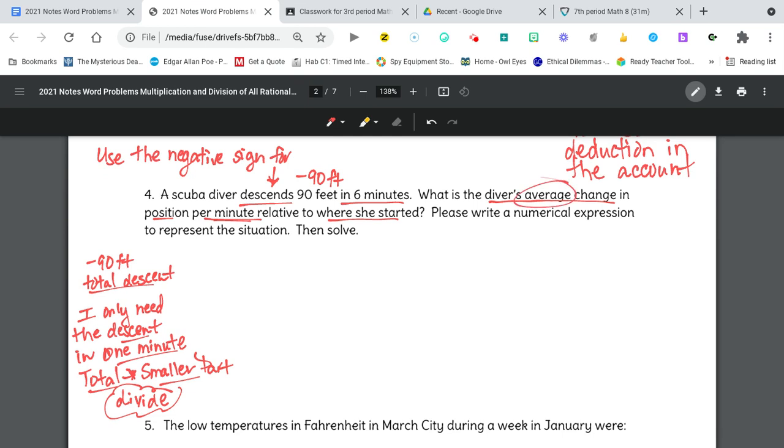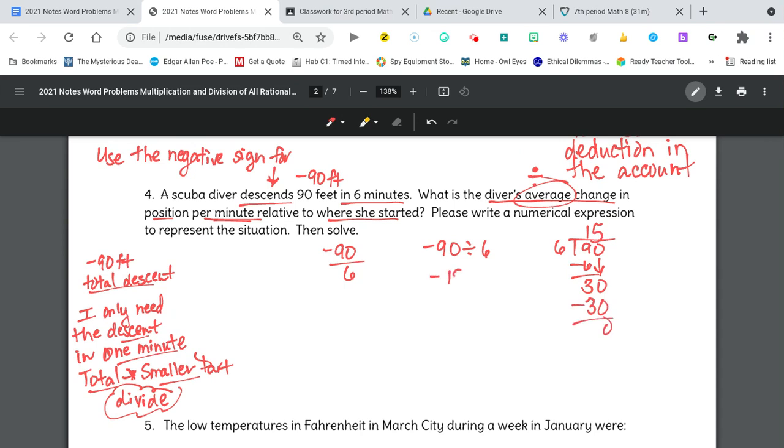Okay? Also, the word average should help you to see that you're going to divide. So I'm going to take negative 90 and divide it by 6. Or I could have written it like this, guys. And figure out how many 6's are in 90. It's going to be 15.